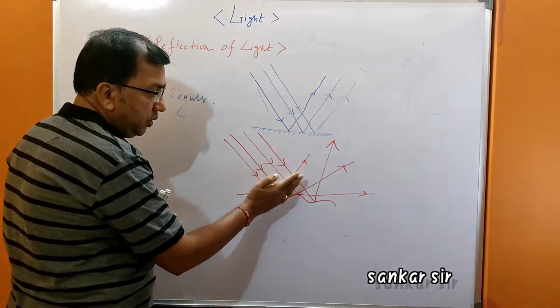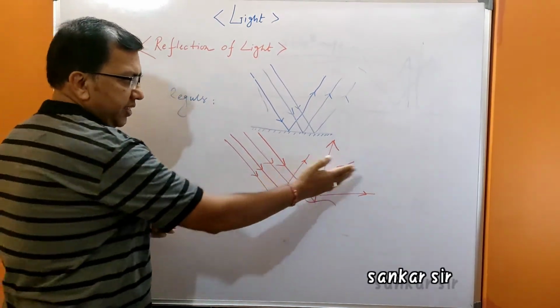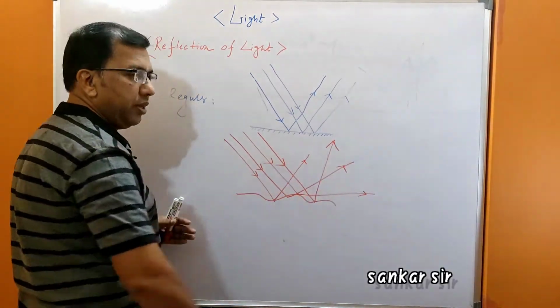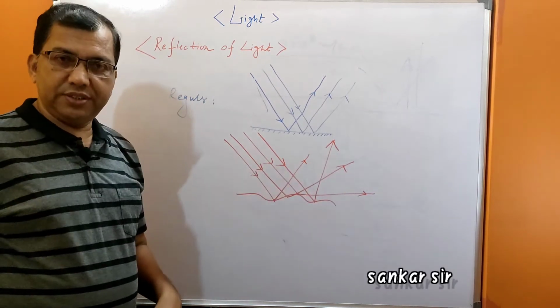The reflection is in different directions. So this type of reflection is known as irregular or diffuse reflection.